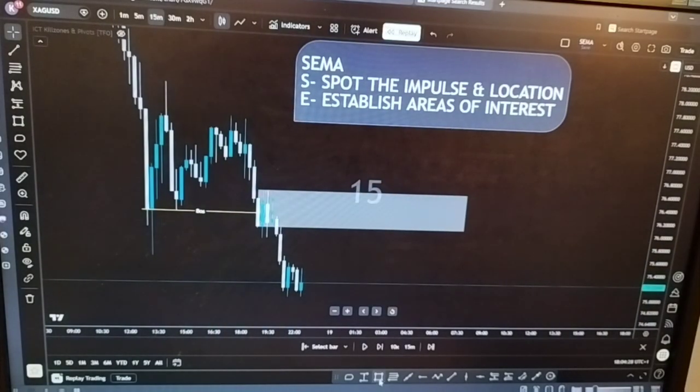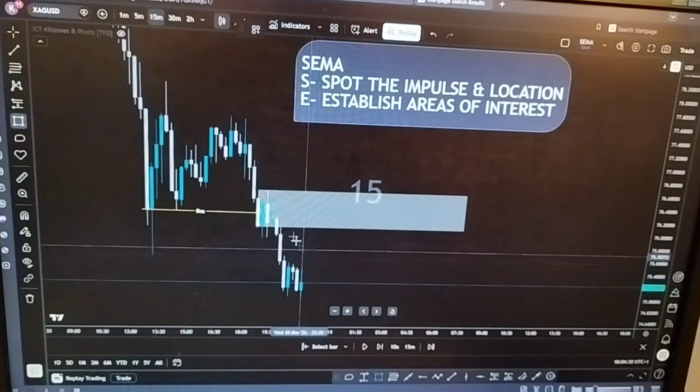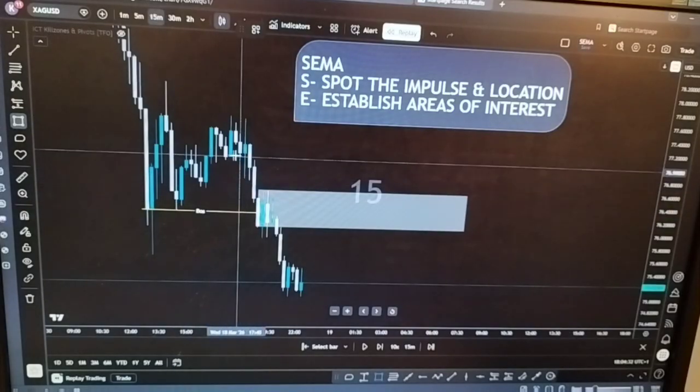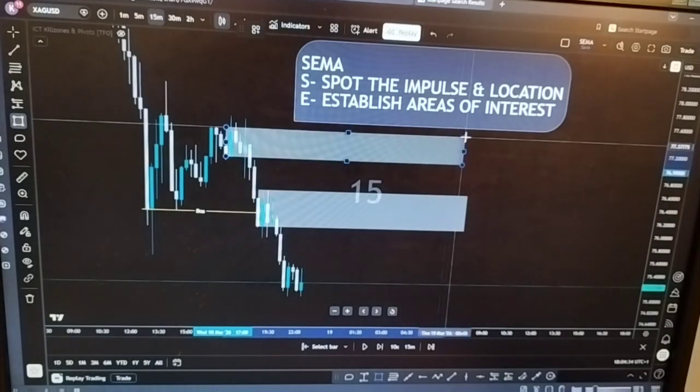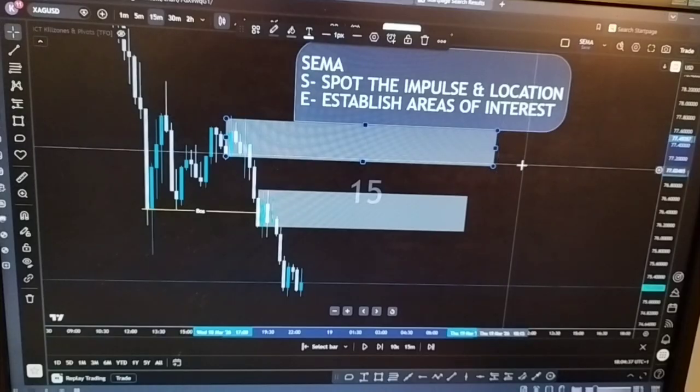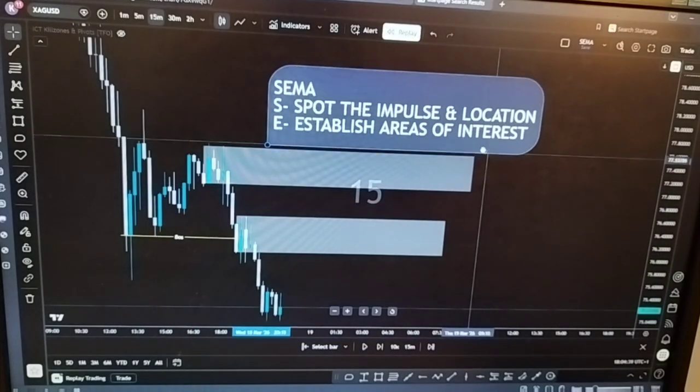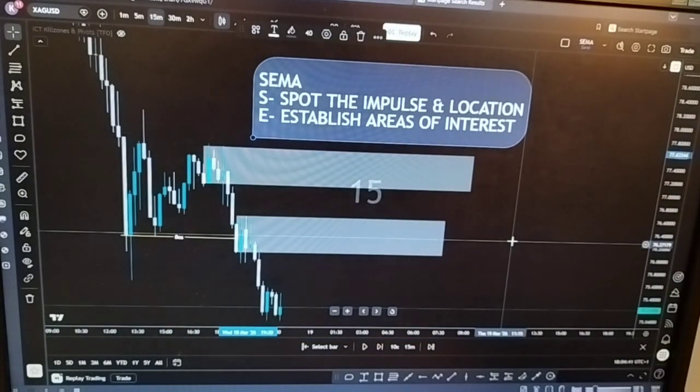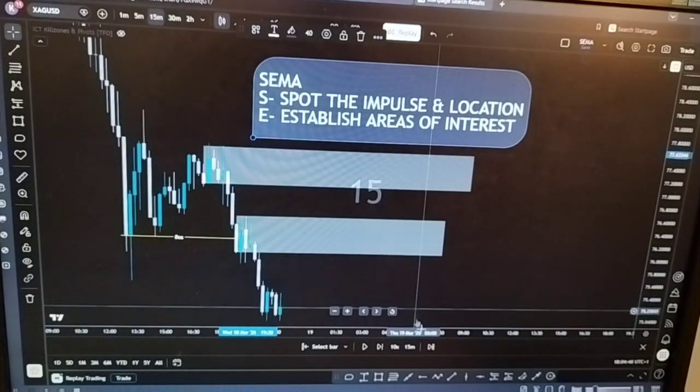All right, so the second area of interest is what I call the extreme area of interest. Why is it an extreme? It is regarded as the extreme because it is at this point that the move actually originated.